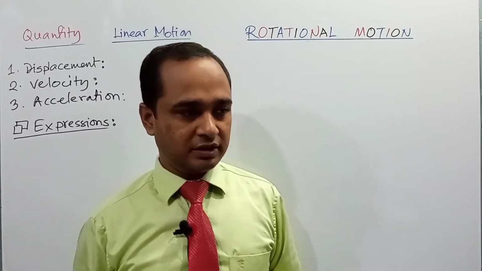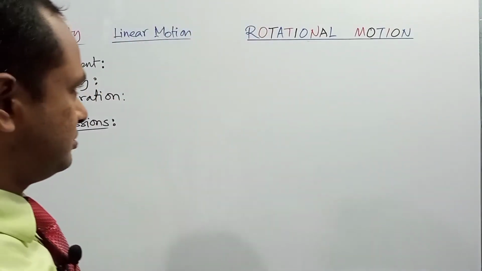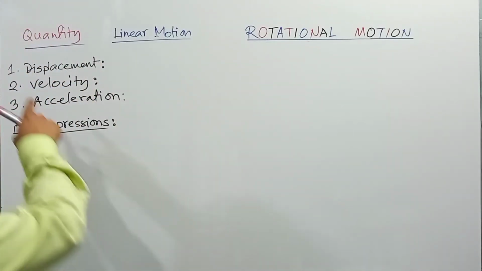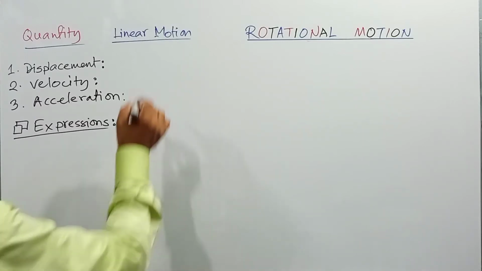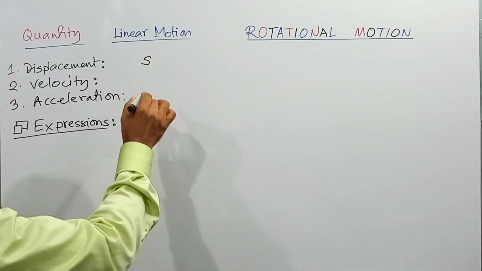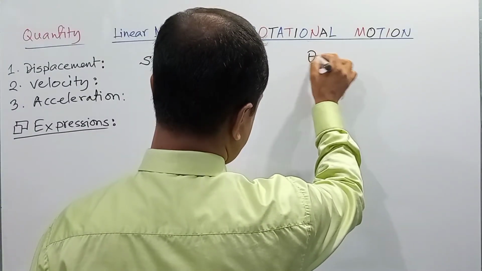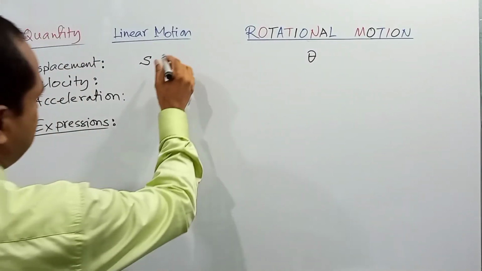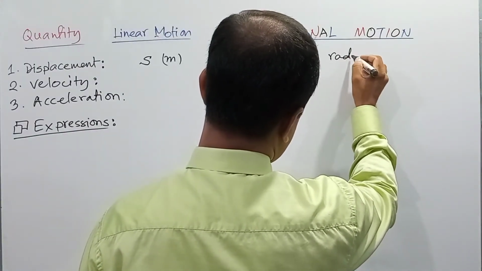Okay. Now we are going to see the analogous quantities which are similar in linear motion and rotational motion. Already we have discussed that displacement for linear motion is denoted by S, and for rotational or circular motion it is expressed by theta, right? At the same time, the unit will be meter and the unit will be radian.